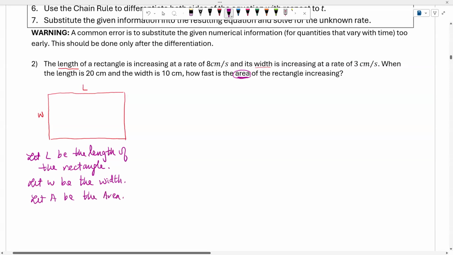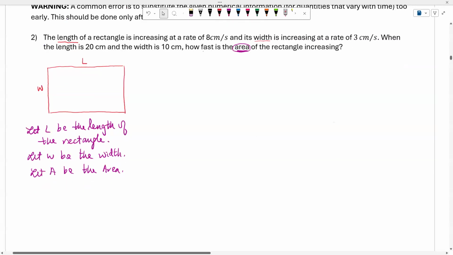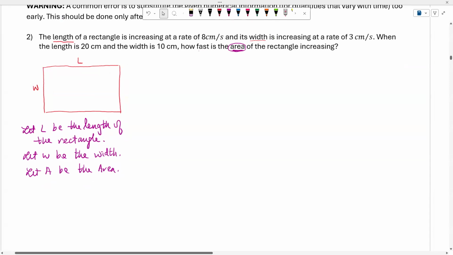Then what information do I have now? Let's see what the givens are. First of all, the length of the rectangle is increasing at a rate. When you see this statement, I know that somehow it is related to the derivative, right?